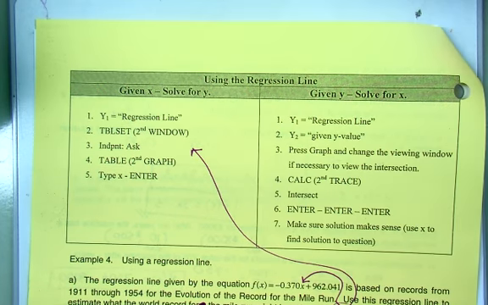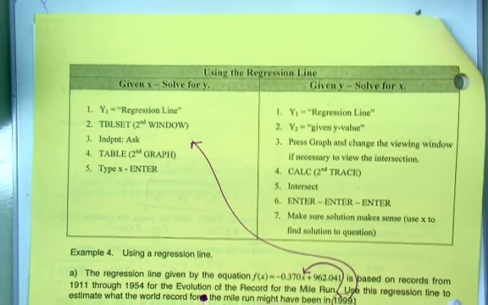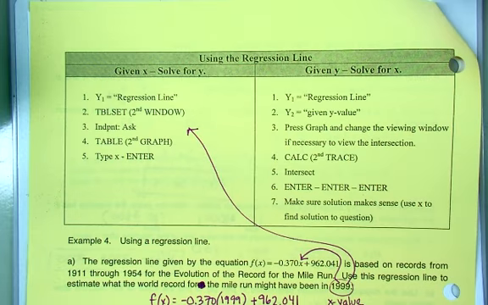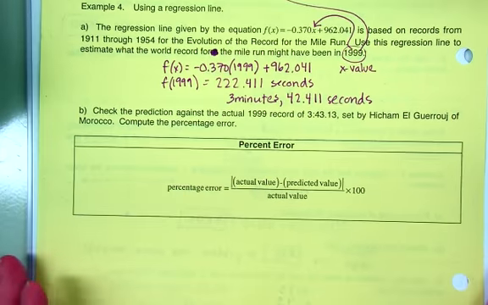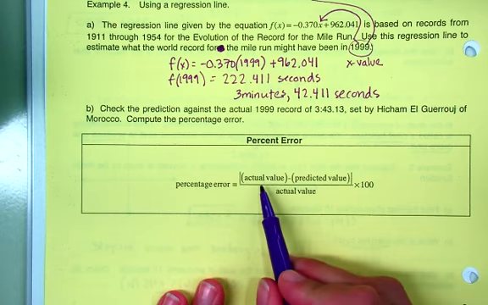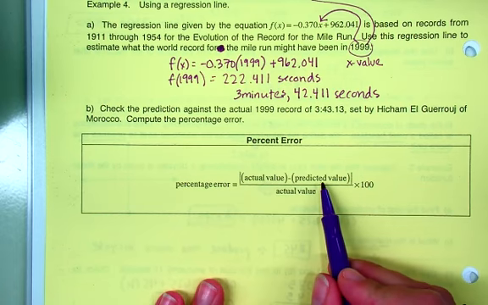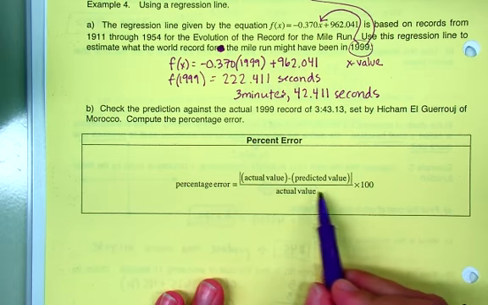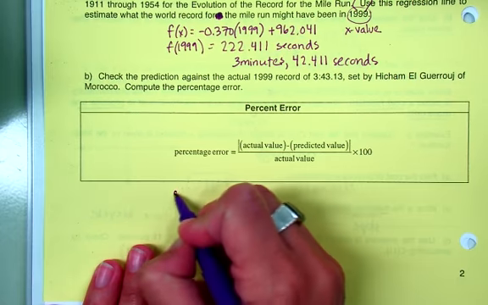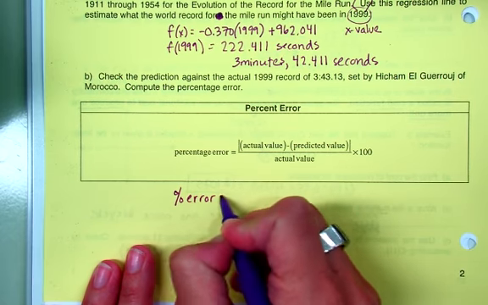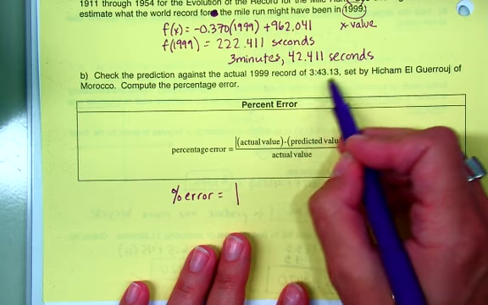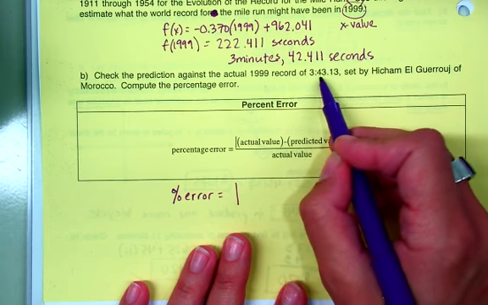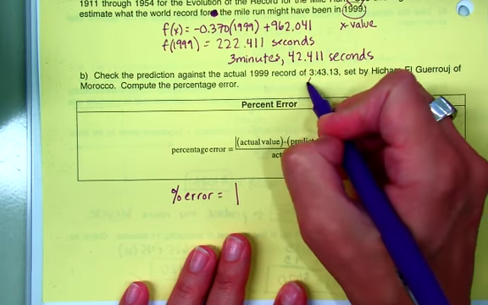Okay, check the prediction against this one using percentage error. Now we've computed percentage error before. This was a formula we talked about. You take the absolute value of the actual value minus the predicted value over the actual value times 100. So what's our percentage error going to be? The actual value, let's rewrite it in seconds.